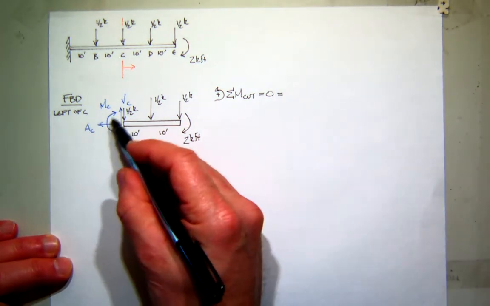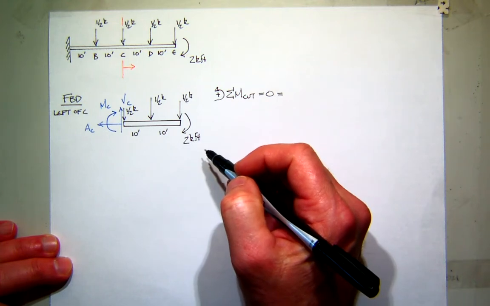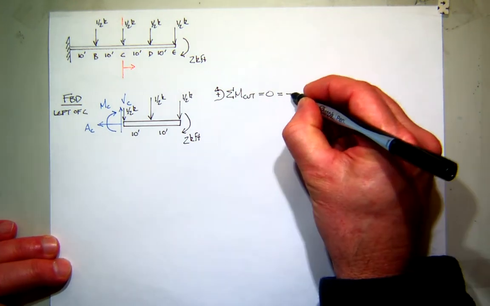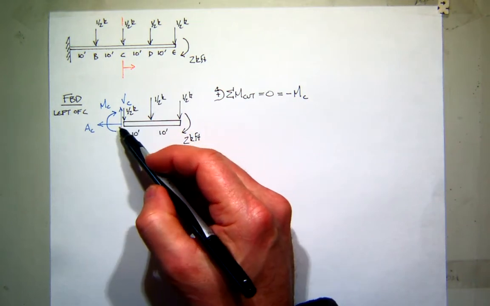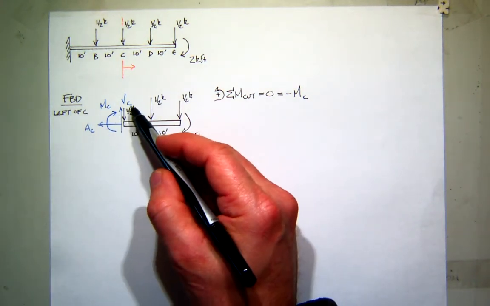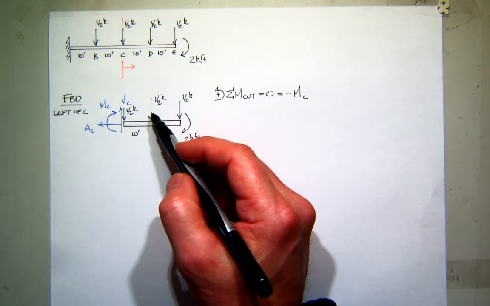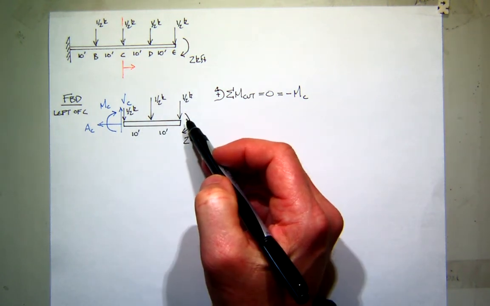What kind of moment is this using my static sign convention? It's negative. So I'll get minus the moment at C. The shear and the axial force don't create moment at C. This half kip does not, but these two do. And they create what kind of moment about C? Positive or negative?